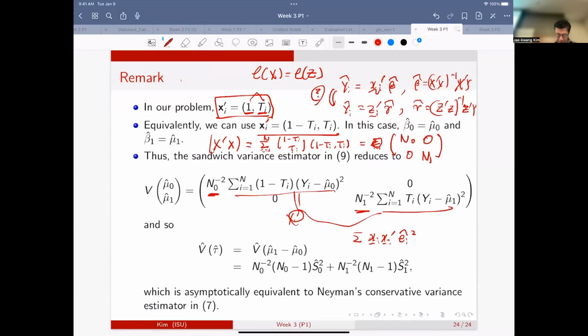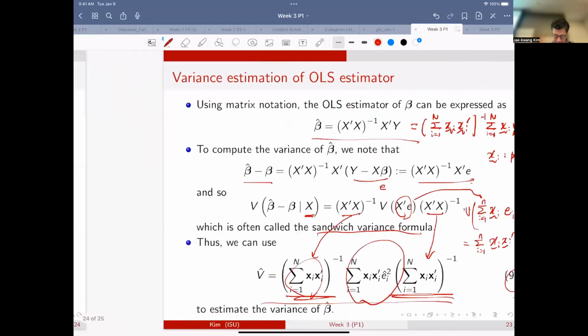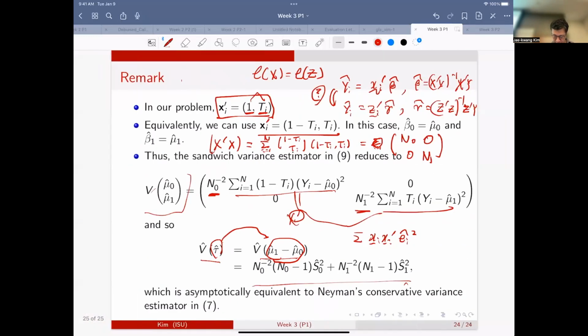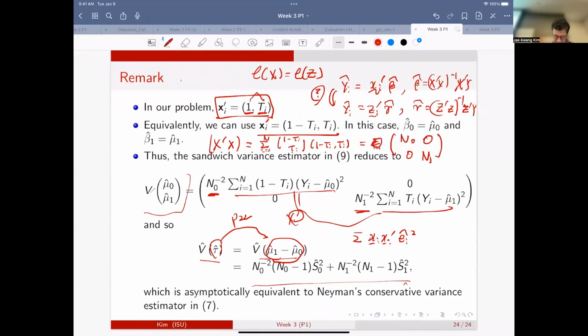So then, using the covariance matrix, you eventually obtain this. This one comes from the equivalence, right? This is a previous page, page 22. So this equality comes from the result from page 22. This equality comes from the result here.